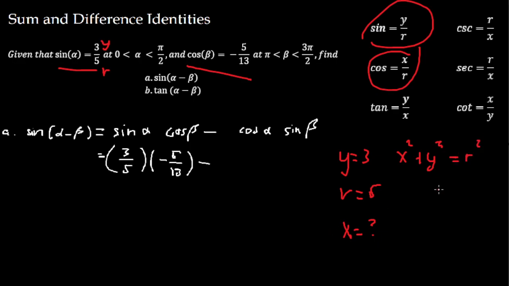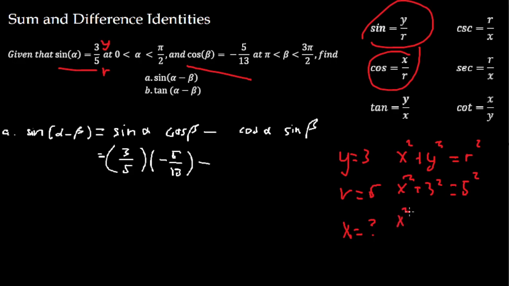Now, we already have r, which is 5, so we just square it. And we already have y, which is 3, so we just square it. We don't have x. In order for us to get the x, it's just simple manipulation of the formula.